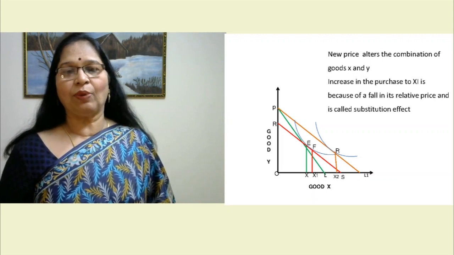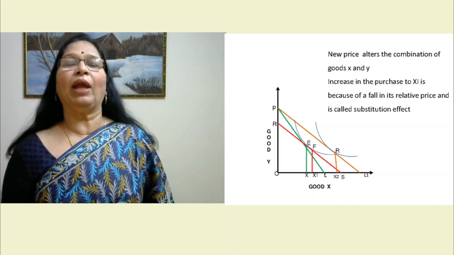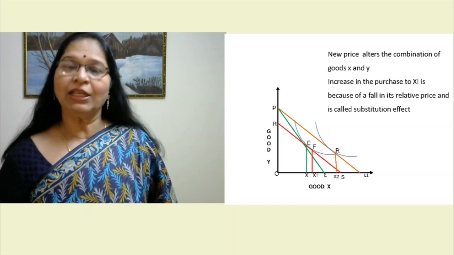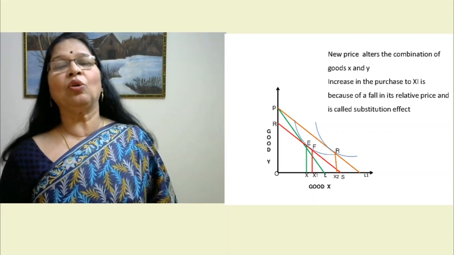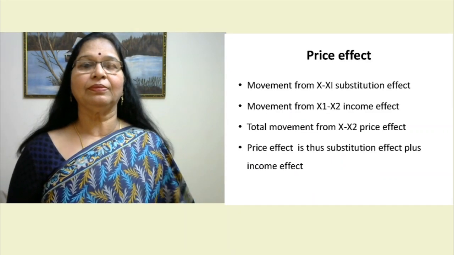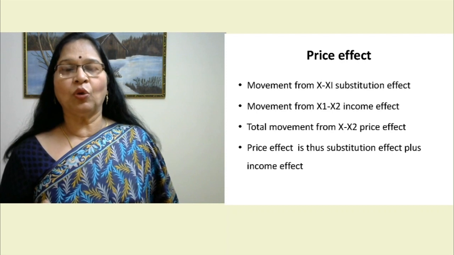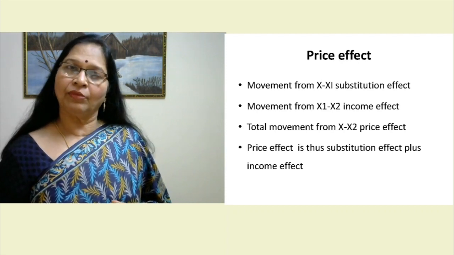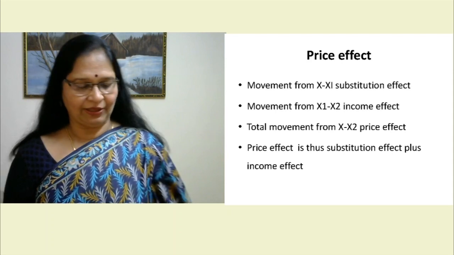So X to X1 is the substitution effect, X1 to X2 is known as the income effect, and X to X1 plus X1 to X2 is known as the total price effect. Thus the price effect is the total of the substitution effect and the income effect.